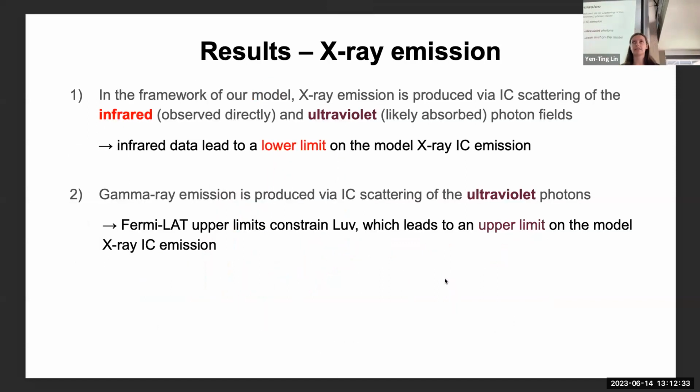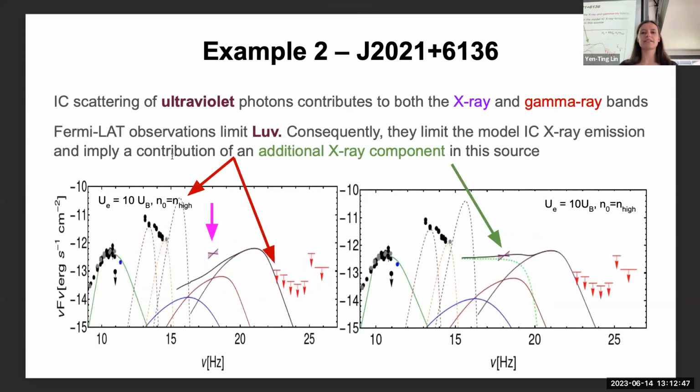On the other hand, gamma ray emission is produced through the inverse Compton scattering of ultraviolet photons, and therefore Fermi-LAT upper limits give us a constraint on the ultraviolet emission. And here you can see an example of a source for which we are not able to get the observed X-ray emission levels within our model.